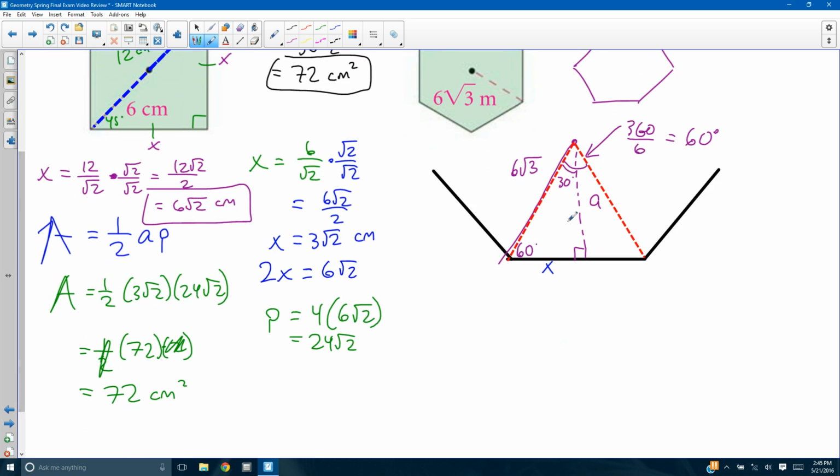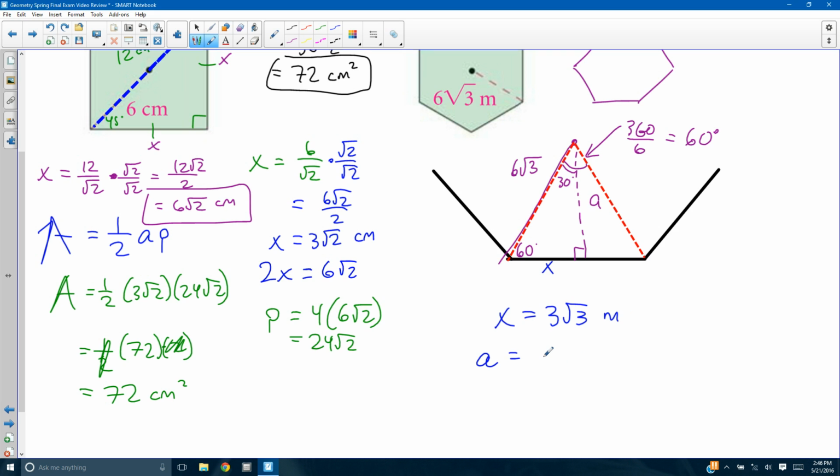So in a 30, 60, 90 triangle, without using any trig just yet here, 6 root 3 is twice as large as the shortest side, the one that's opposite 30. Hypotenuse twice as long as the shortest side. So if that is 6 root 3, then x is 3 root 3, half of 6 root 3. And it was meters. Your apothem is root 3 times larger than x.